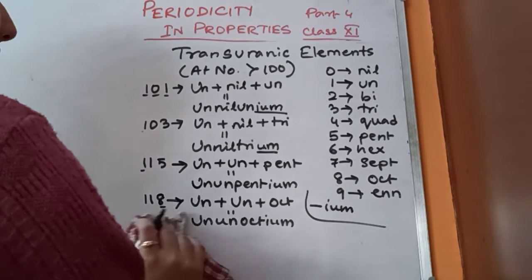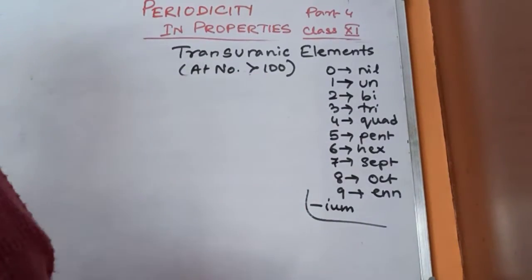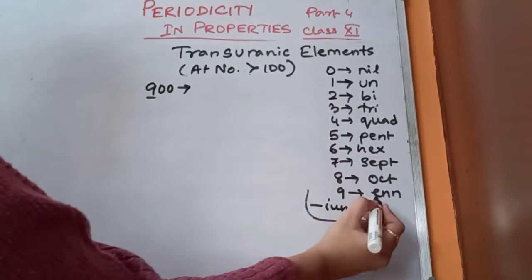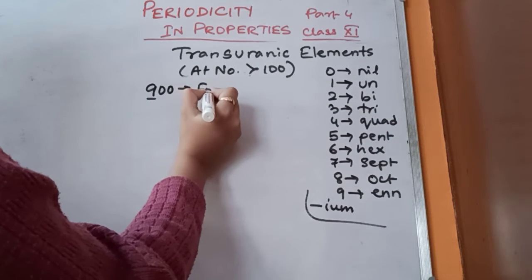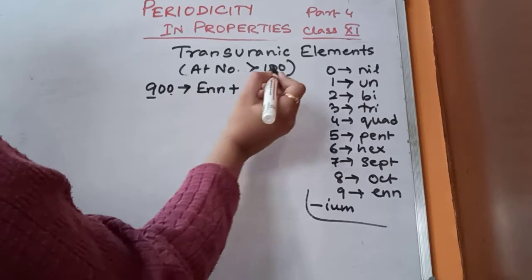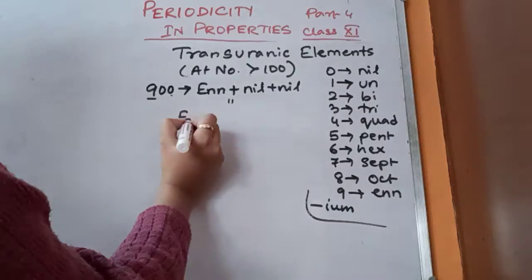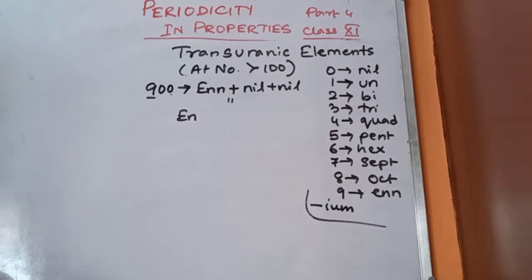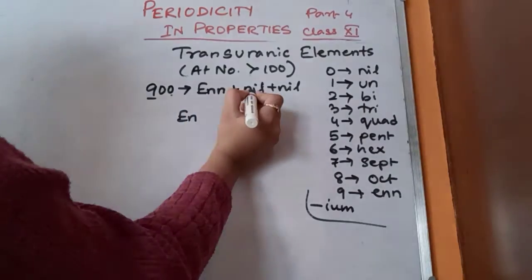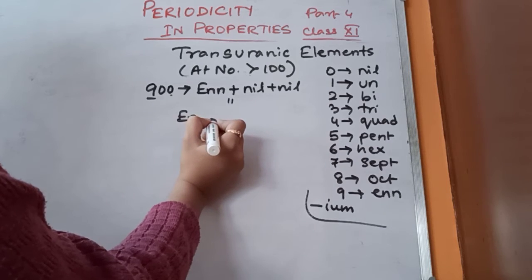Now another thing I want to tell you: if there is an atomic number of 900, then for 9 it will be enn, for 0 it will be nil, for another 0 it will be nil. So the name will be ennilnilium. See, here there is 2 n's, but including this n there will be 3 n's consecutively. That cannot be written.